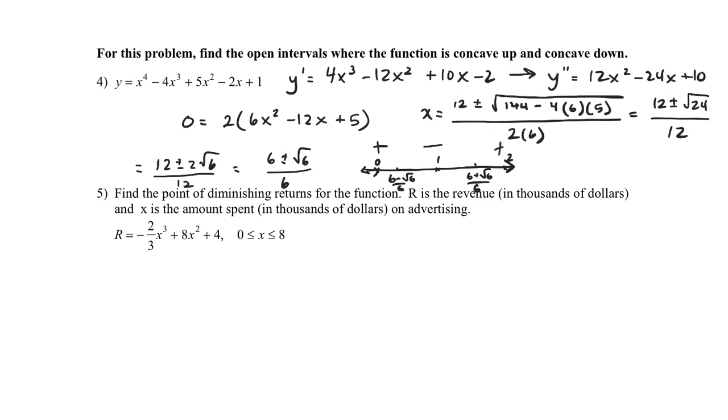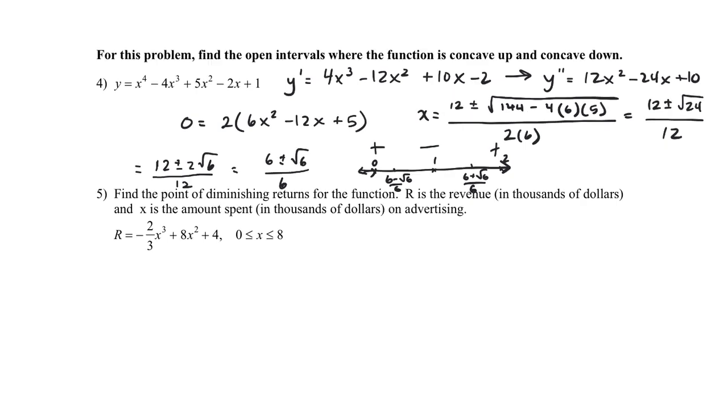So it's concave up from negative infinity to 6 minus root 6 divided by 6, and also from 6 plus root 6 divided by 6 to infinity. So that's the concave up intervals.